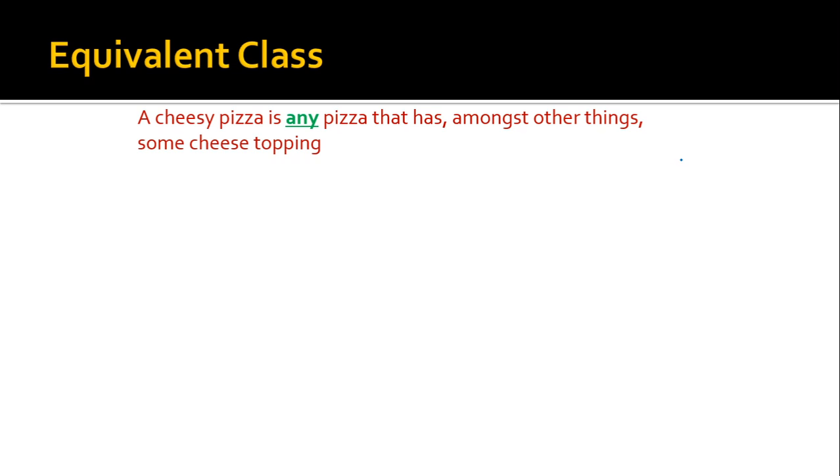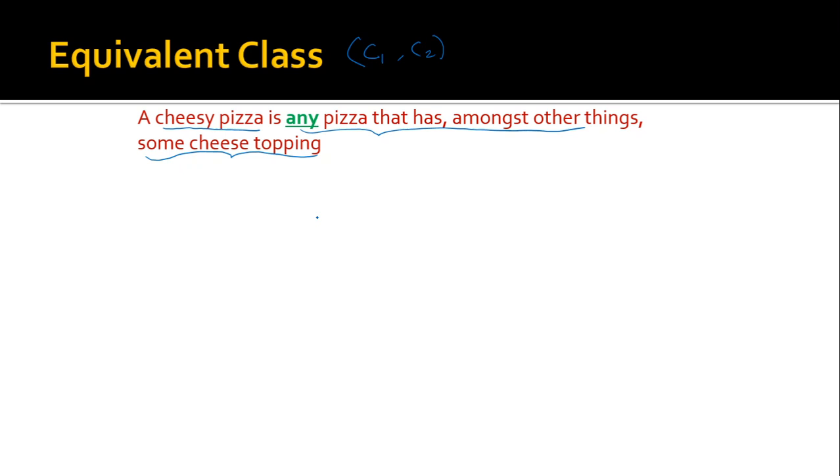So now we have got equivalence of two things. One is cheesy pizza, so this is one class. The other class is comprising the other part, right? So an equivalence class definition has got two parameters. You are defining equivalence of two class definitions or class expressions, right?